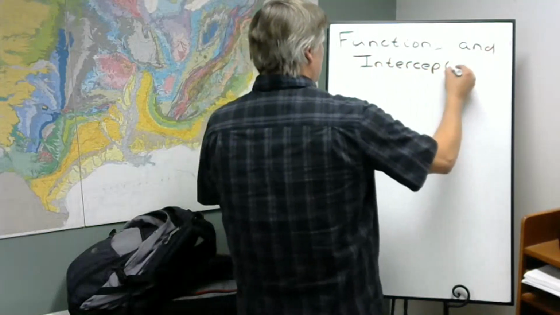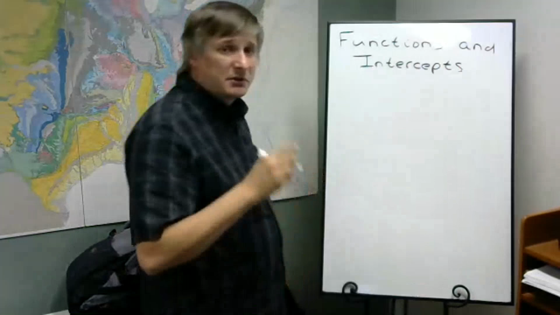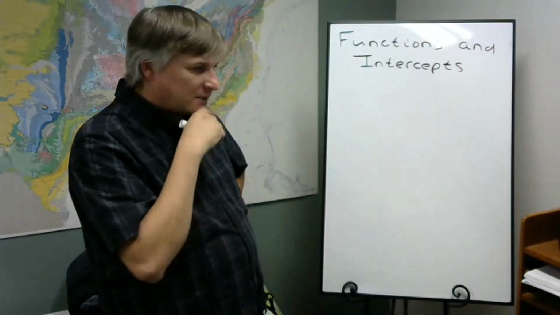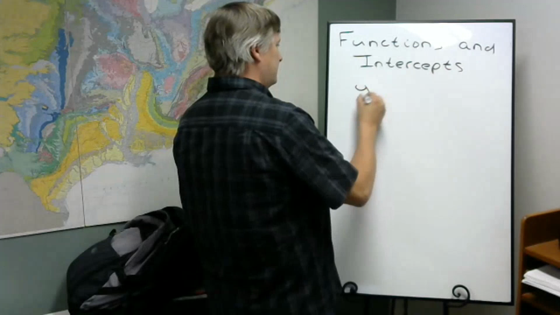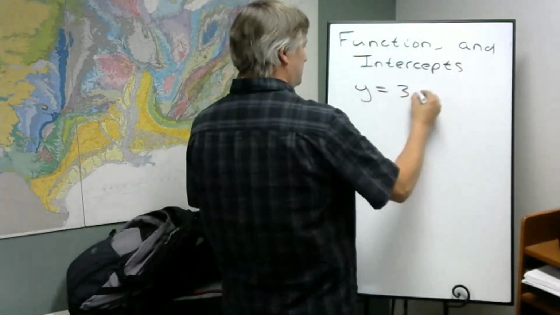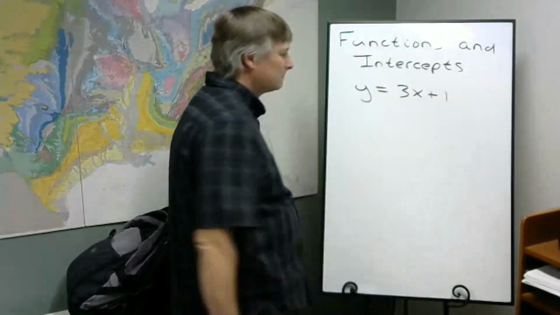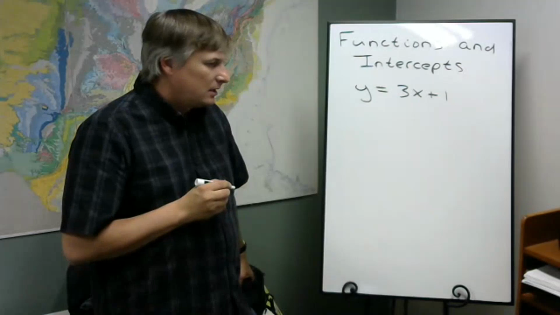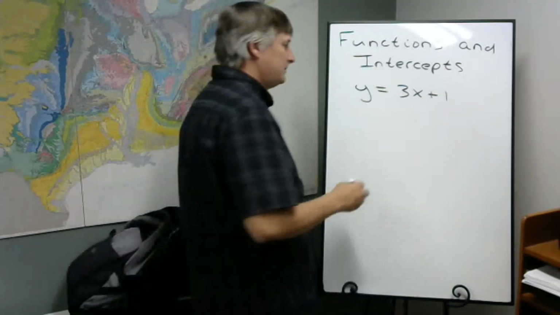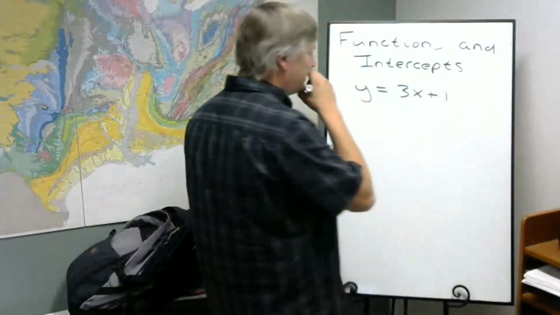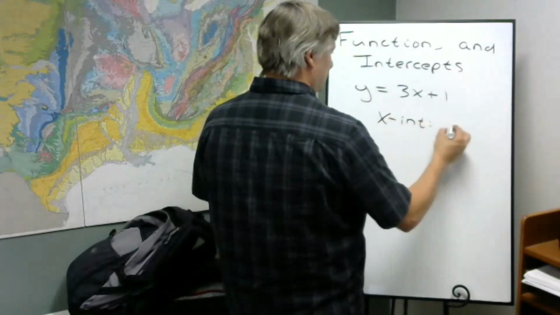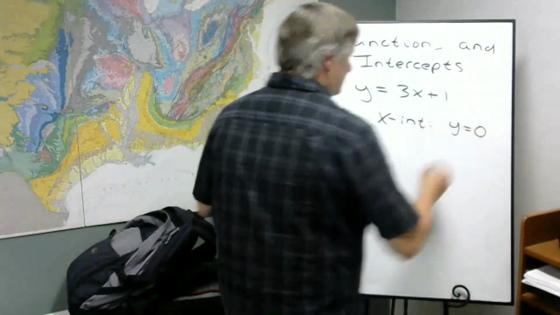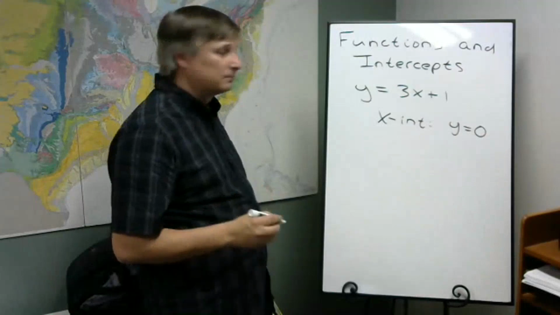So, functions and intercepts. If you recall, we had y equals 3x plus 1. If we set y equal to 0, we want to find what's called the x-intercept. We set y equal to 0.